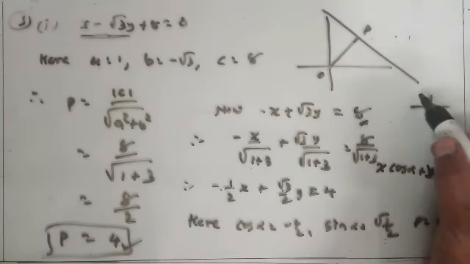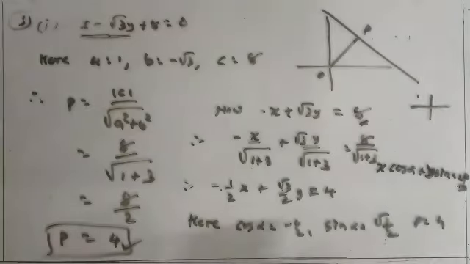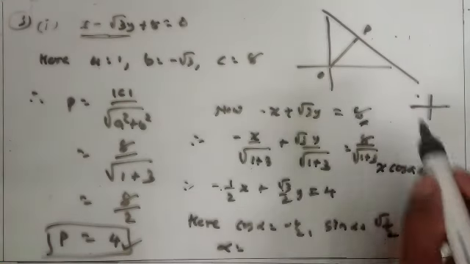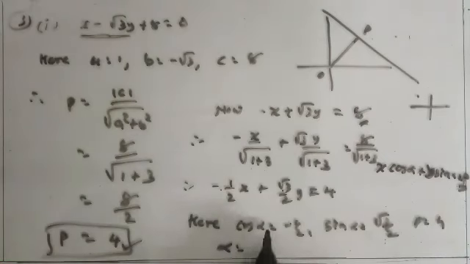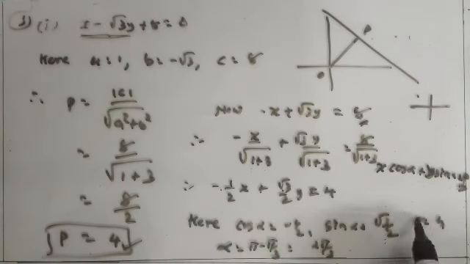Cos negative, sin positive happens in the second quadrant. So alpha lies in the second quadrant, that is alpha is equal to pi minus pi by 3, that is 2 pi by 3. Clear? So p is equal to 4 and alpha is equal to 2 pi by 3.